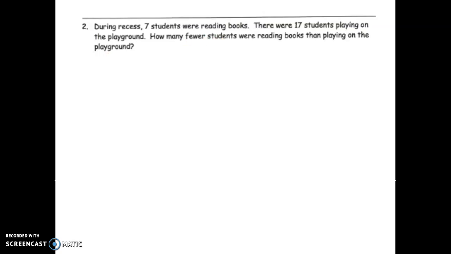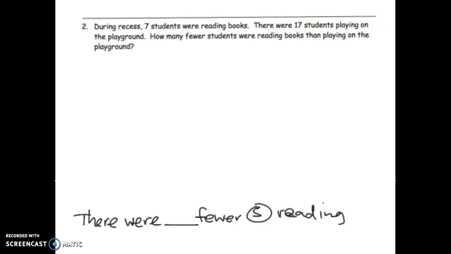So the answer statement is, there were blank fewer students reading than playing. All right, so there is my answer sentence.